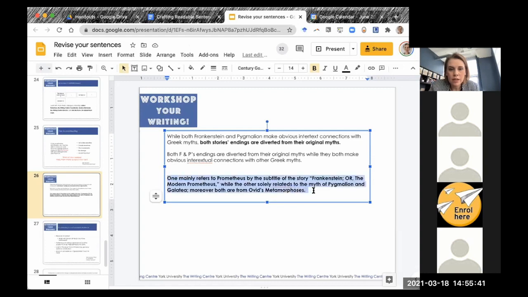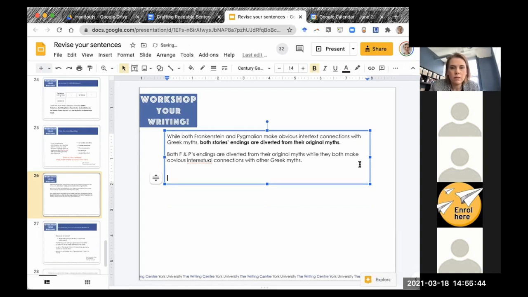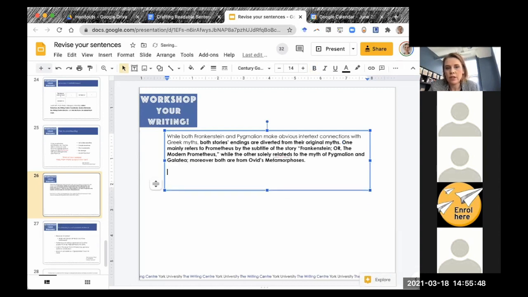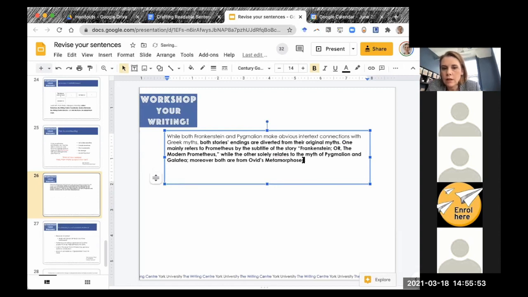So this is the grammatical revision of your sentence. Does anyone have questions about the changes that I made to that?